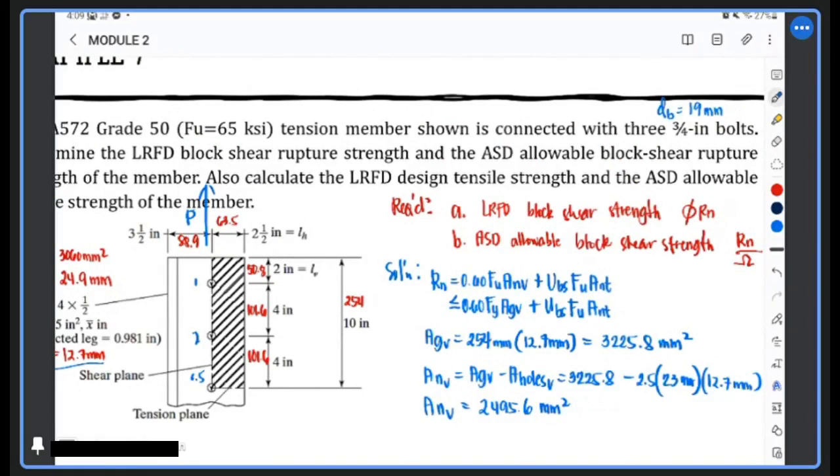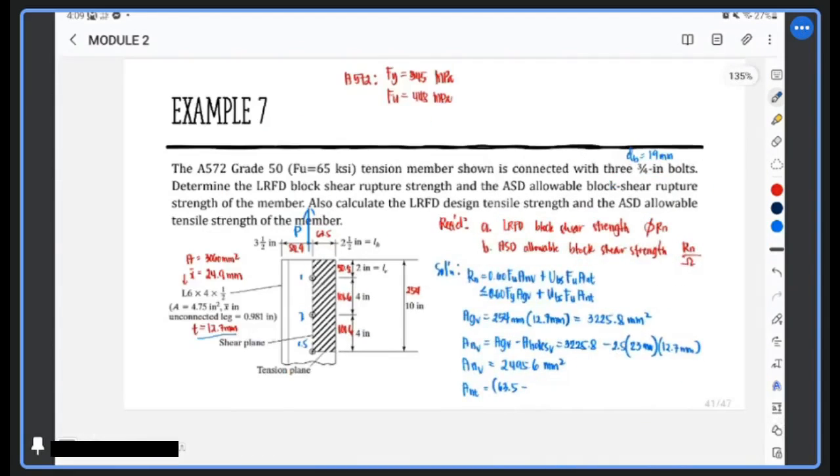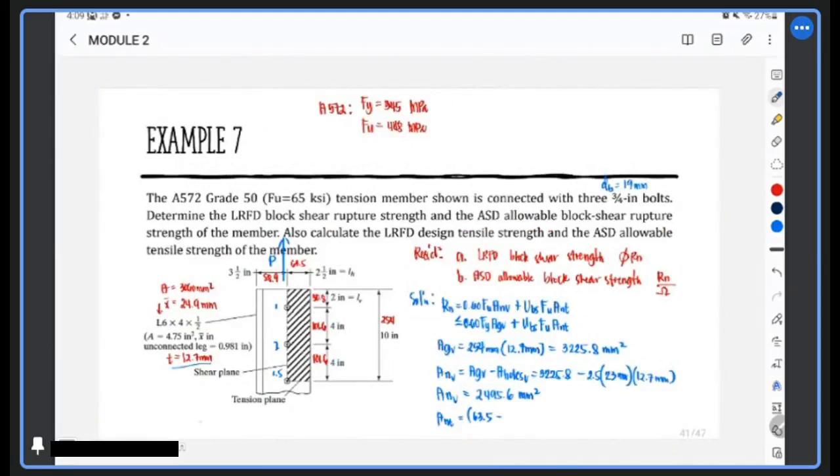So our ANT is equal to that area, that's 63.5 minus half of our effective bolt hole diameter. The effective diameter of hole is equal to 19 plus 2 plus 2, which is 23 mm.